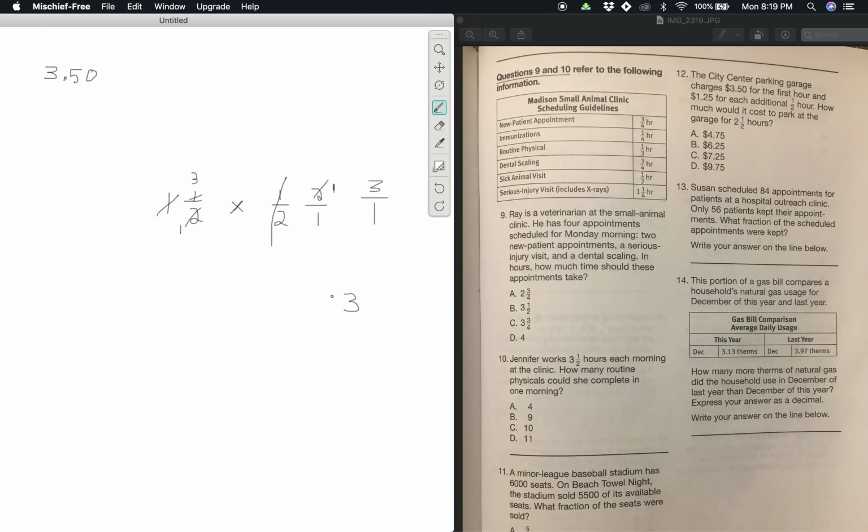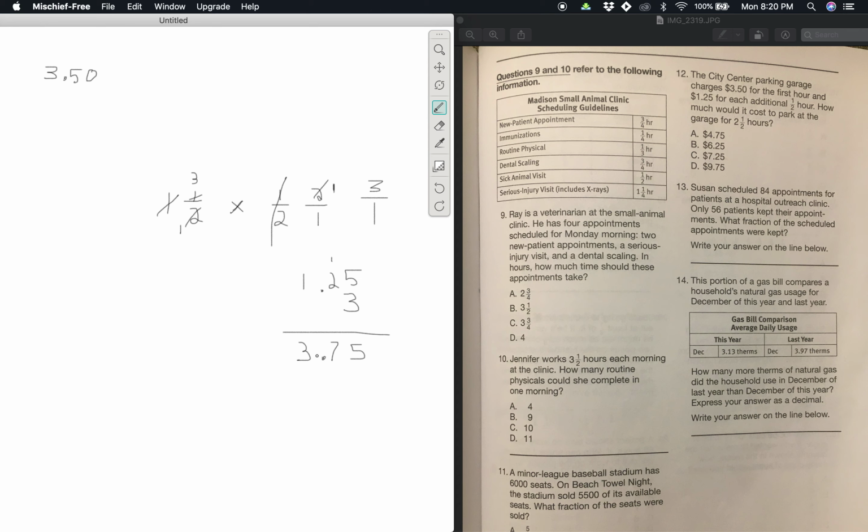So since each hour is valued at $1.25 for parking, we can go ahead and do multiplication here. 125 times 3, so 3 times 5 is 15. 3 times 2 is 6, plus the 1 there is 7. 3 times 1 is 3.